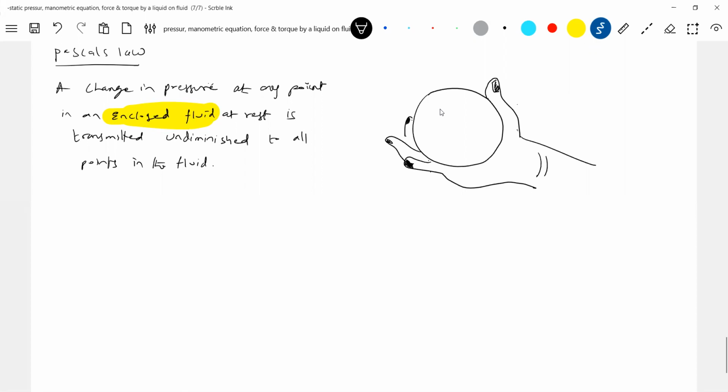Okay, the other finger will be on the other side. So let me take some polythene bag. I'll fill up water in that. Then with my thumb, I'll start pressing it.